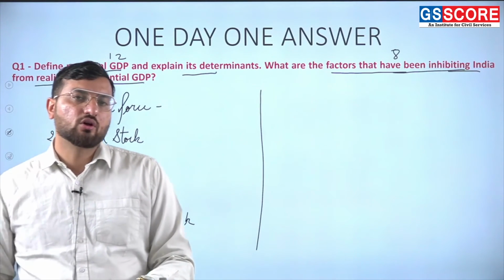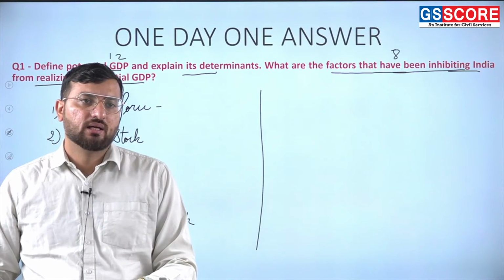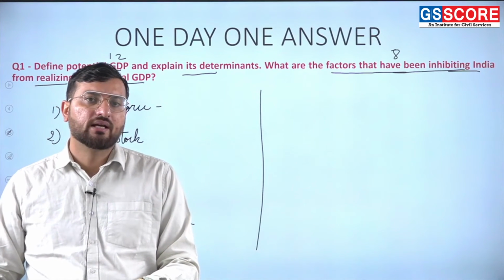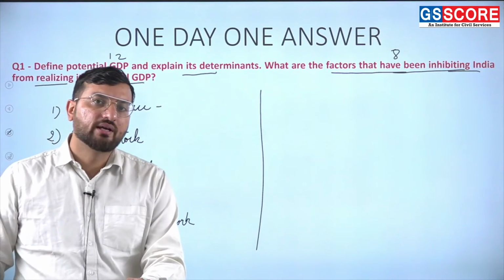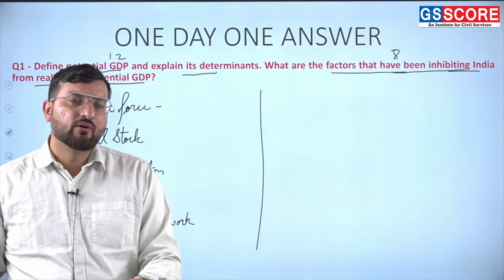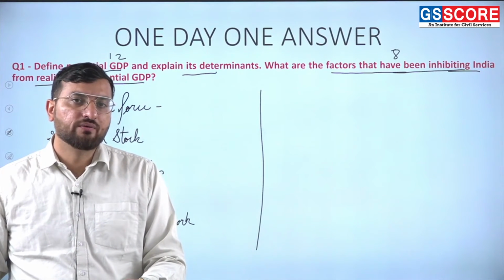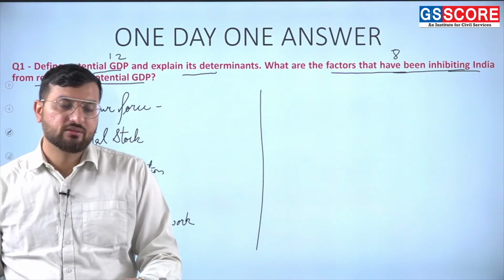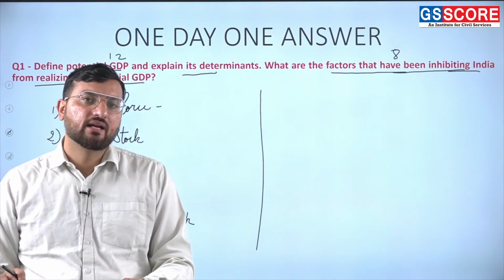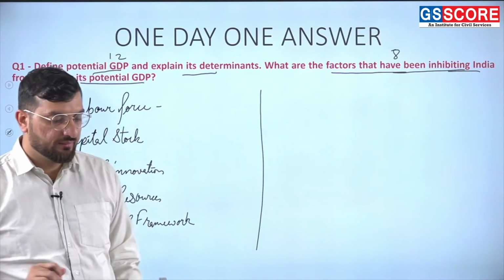In this part, you can talk about a lot of factors, such as skill gap in the labor force. The skills that are required by the industry are not being taught by the academics, so the unemployment rate is quite high. Inadequate infrastructure is there in terms of land, rail, roadways, corridors that are not there. Urban areas are not developed. These things are hindering development and the logistics part.